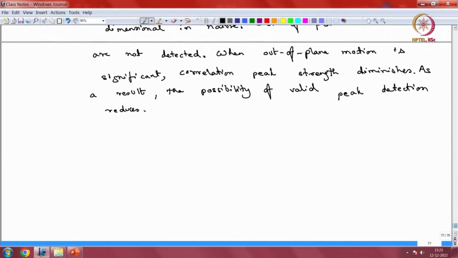So experimentalists have tried to do different things in order to reduce errors in such cases. If you have significant out-of-plane motion of the tracer particles, or basically the flow is strongly three-dimensional in nature, one of the first things you can try is to reduce the delta t between image pairs.